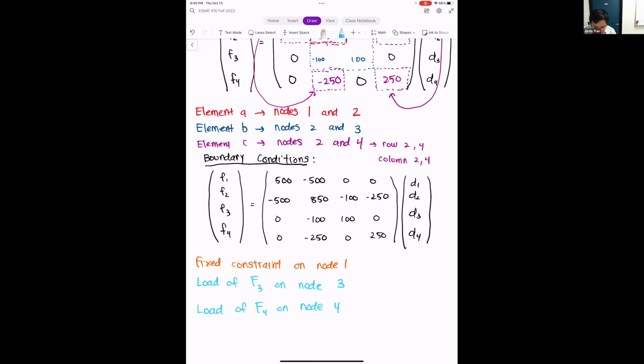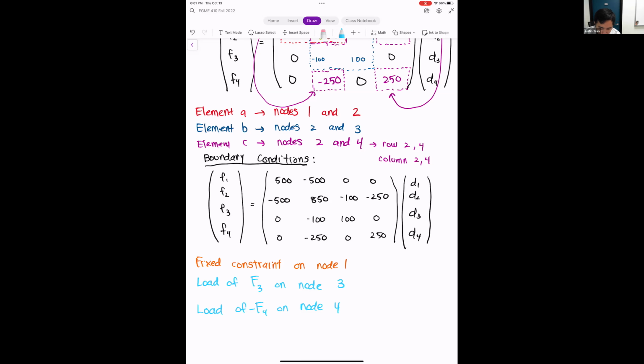As well as a load of minus F4, because F4 is actually pointing to the left, acting on node 4. I'm only writing this down just so that you know what colors I'm using, to more easily track what we're going to do in the system.